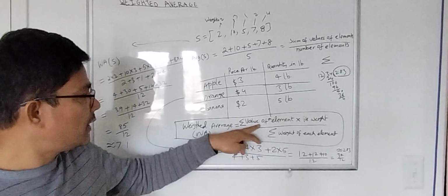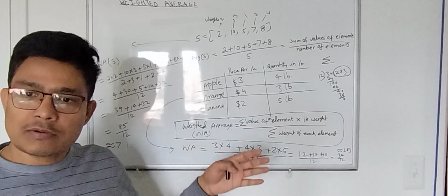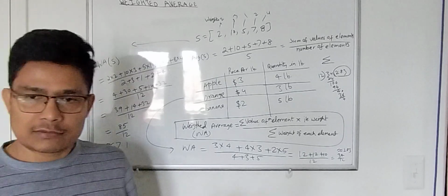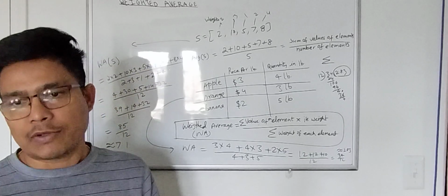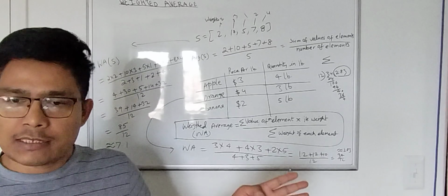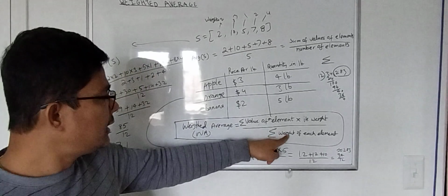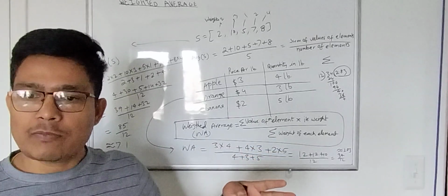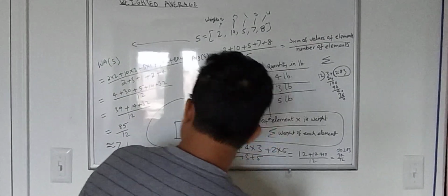So you multiply the value of an element by its weight and then take the sum for all the elements. Like for each element, you will do the same thing: value times weight, value times weight, value times weight, and then take the sum of those quantities and divide it by the sum of the weights of all the elements. Okay? That will give you the weighted average.